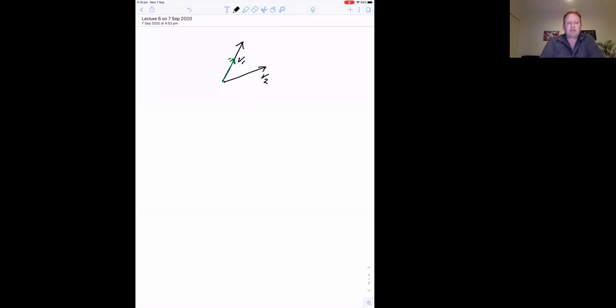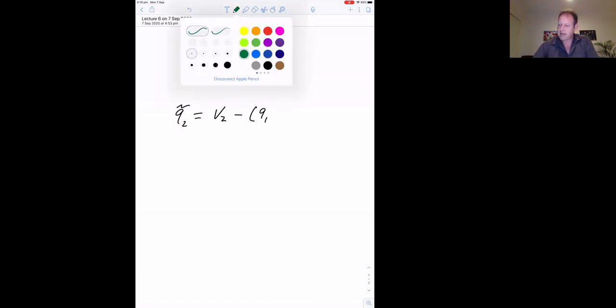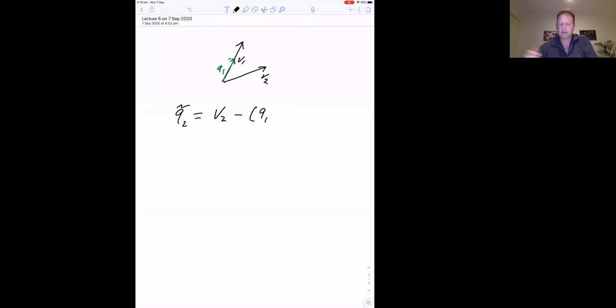We took v2, and we said that q2 tilde is v2 minus q1, this green guy here, which was our first orthonormal vector that spans the same set of vectors, times the inner product of q1 and v2. So this is a scalar, the inner product of q1 and v2, multiplied by q1.